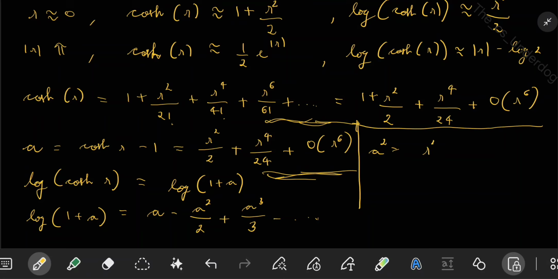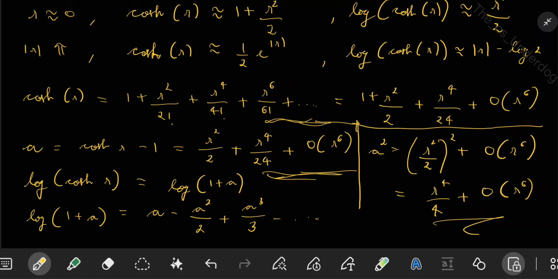First term is r square by 2. I'll take the whole square plus other terms, we already know what order it is, so I'll simply put it as order of r power 6. Each particular term is not significant. So I can simply write this as r power 4 divided by 4 plus order of r power 6. This is the value of a square.